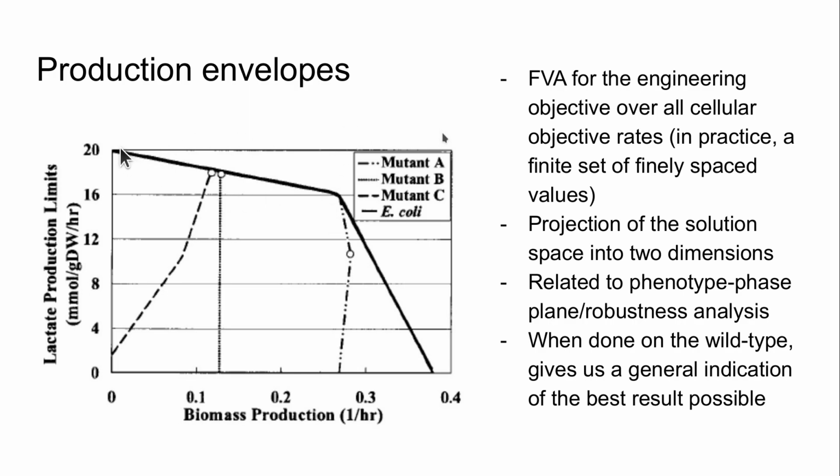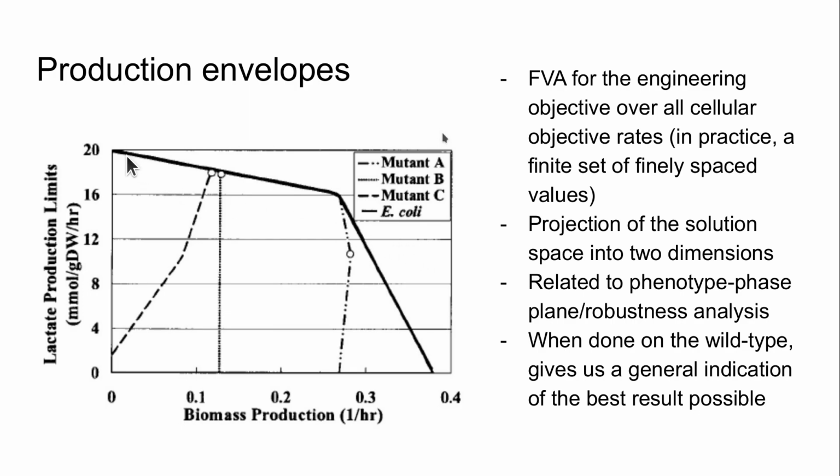And that is essentially just a projection of the solution space for our whole cell, which is originally many-dimensional, into two dimensions, specifically the cellular objective and the engineering objective. Now, you could in theory identify them by simply building the solution space and projecting it over.